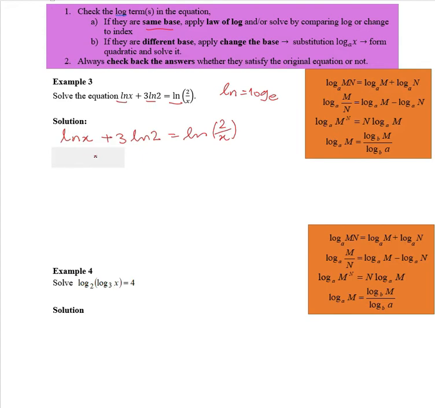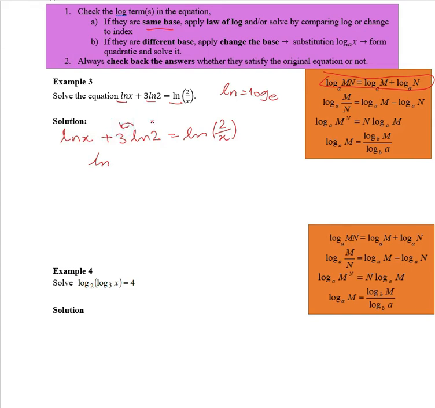So how to solve this? Since we have the same base, we can just apply the law of log. And there's a plus sign in the middle, that means we have to use the first law. But before you use the first law, be careful. In front of the logs, there can't be any number, but there's still a number in front of this log. So how should you eliminate this number 3? Or where should you put this number 3?